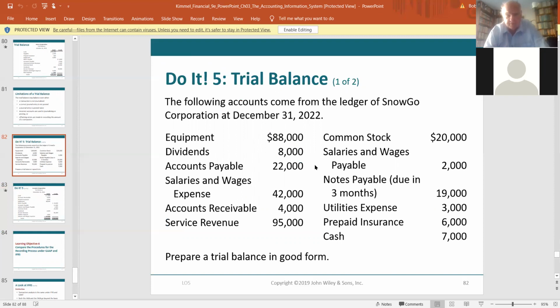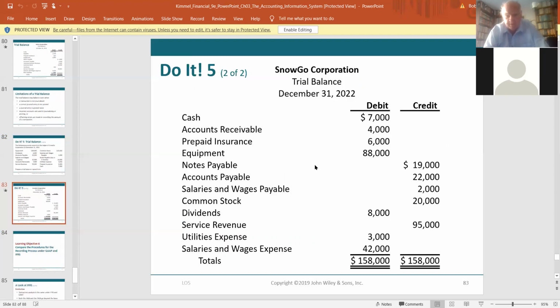I don't see retained earnings. I see dividends. And then we have our revenues and expenses. So let's pretend that this trial balance is perfect. There are no mistakes. We can then prepare the financial statements right from the trial balance. That's what the final trial balance is going to do for us, okay?